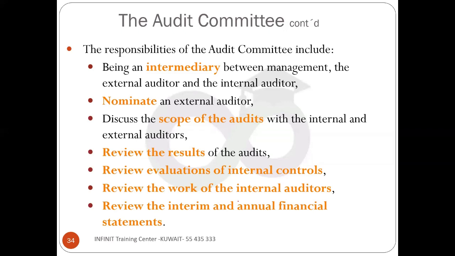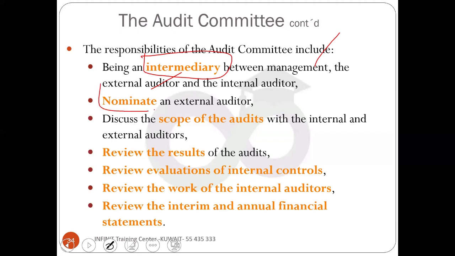And here, what are the responsibilities of the audit committee? They will be acting as an intermediary between the management and the external auditor. They have financial literacy, so they will be dealing with external auditors and giving the result of the audit to the management. So they are standing in between management and external auditor.